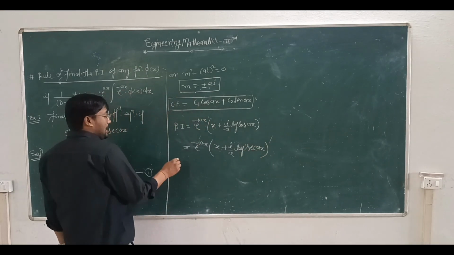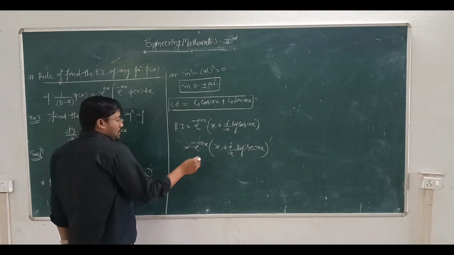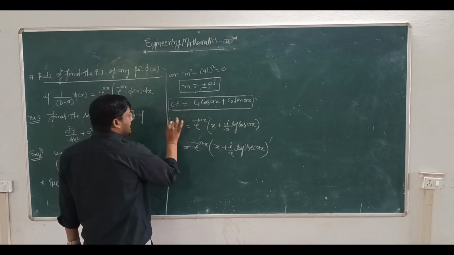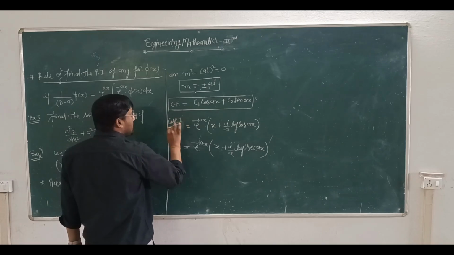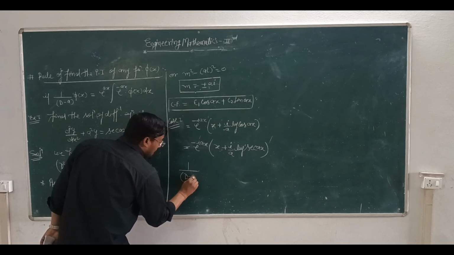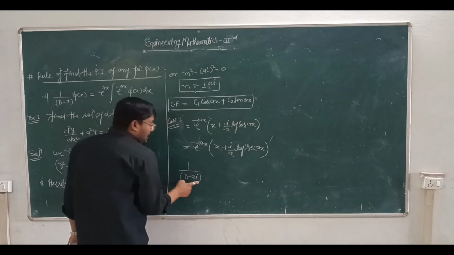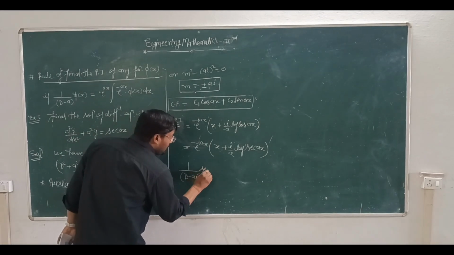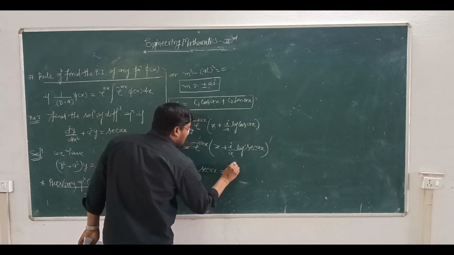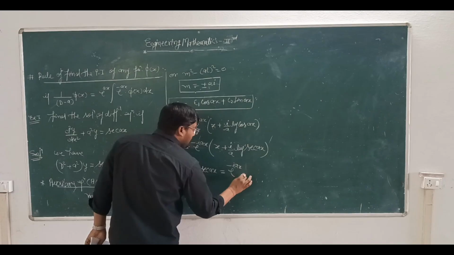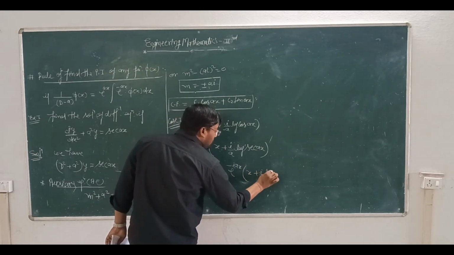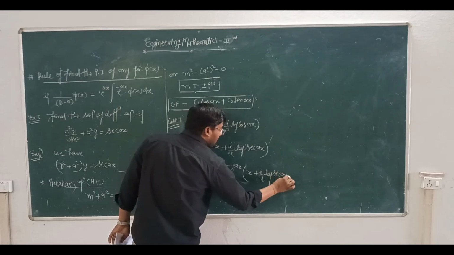Now case number first, this is the value of 1 upon D minus ai sec ax is equal to e to the power minus iax bracket x plus i upon a log sec ax.